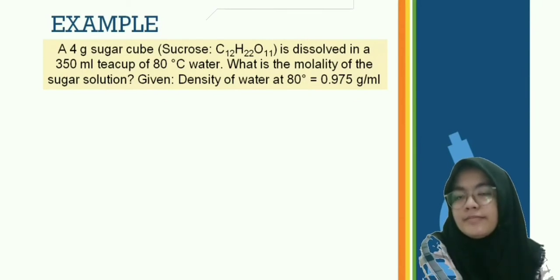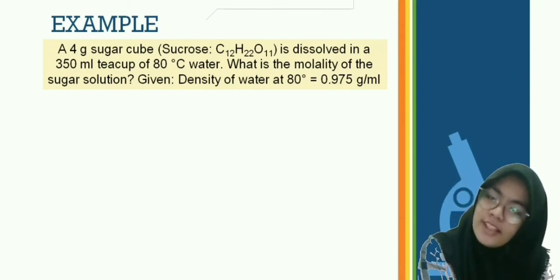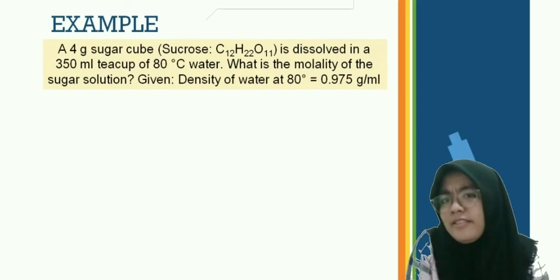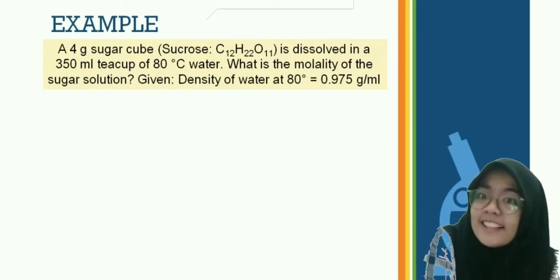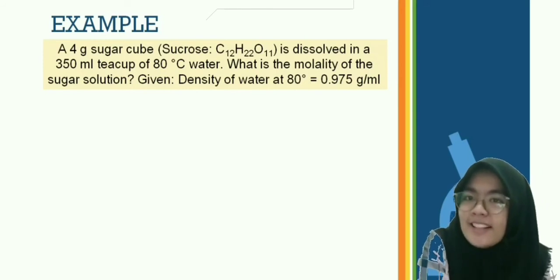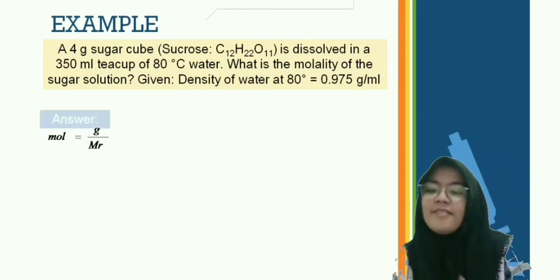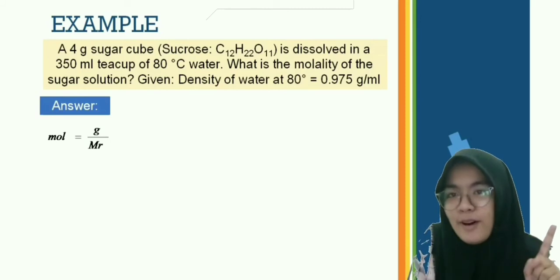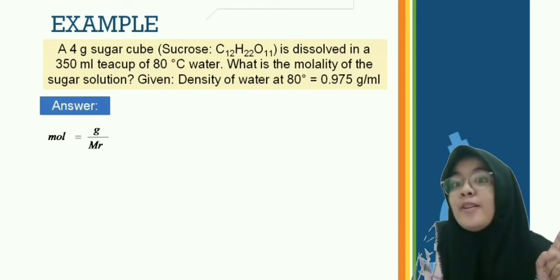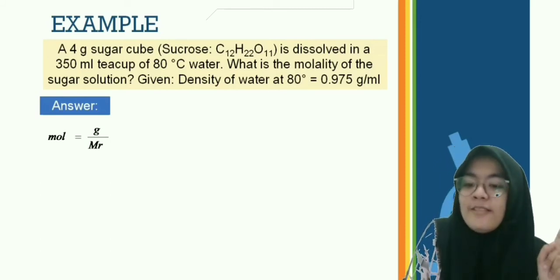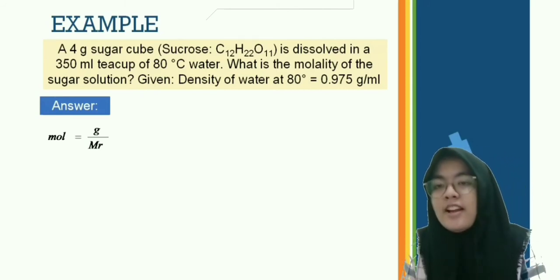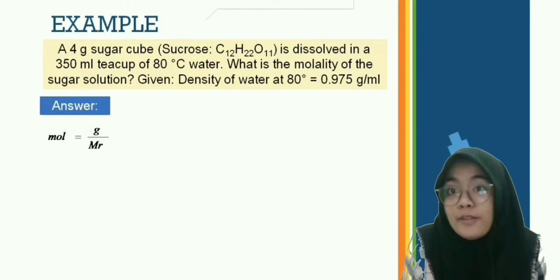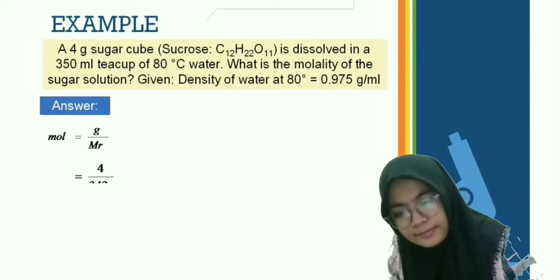The example of the molality. Can you read the question? In this question, they give the density of the water. Why do they give it? So we will answer it. First thing first, we have to find the mole of the sugar cube with the calculation of gram of sugar cube divided by the relative molecular mass of the sugar cube.